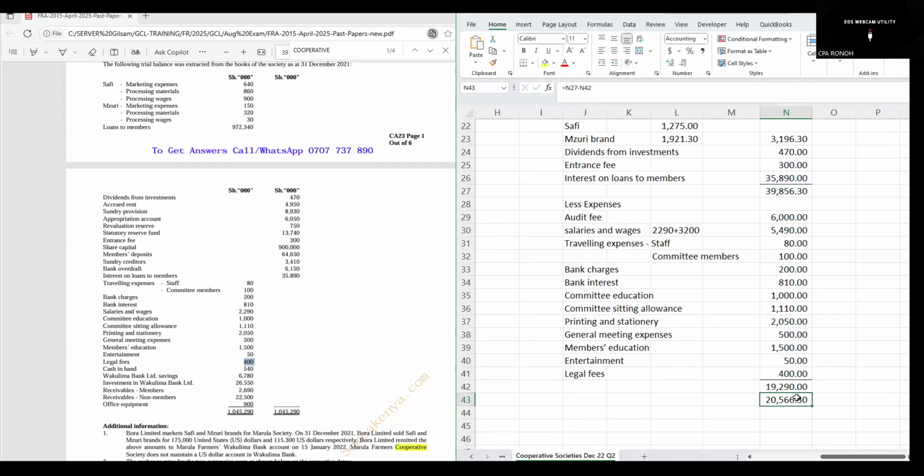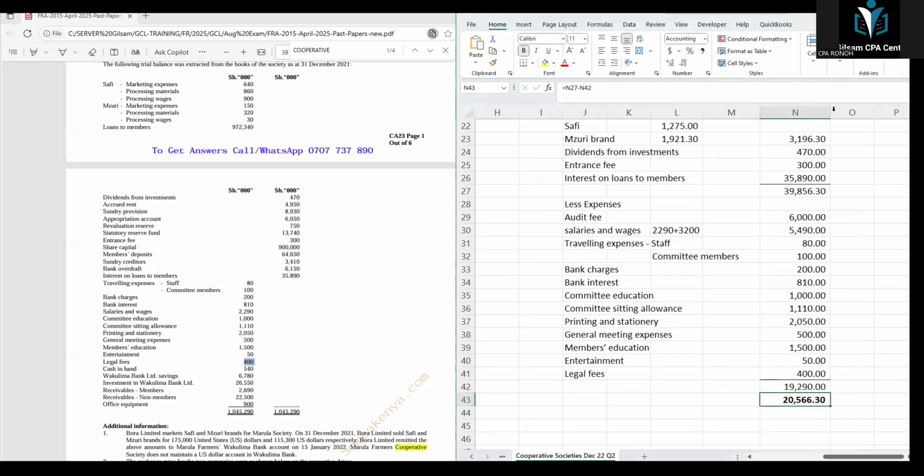So this is our surplus. That's our surplus. So any questions up to that point? Any questions? If there is a place where you are not getting, kindly ask.